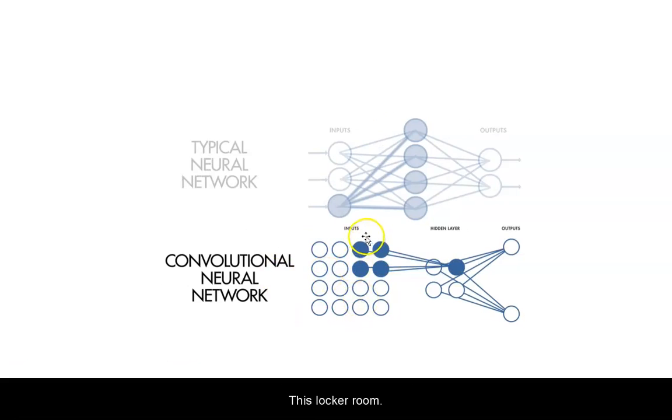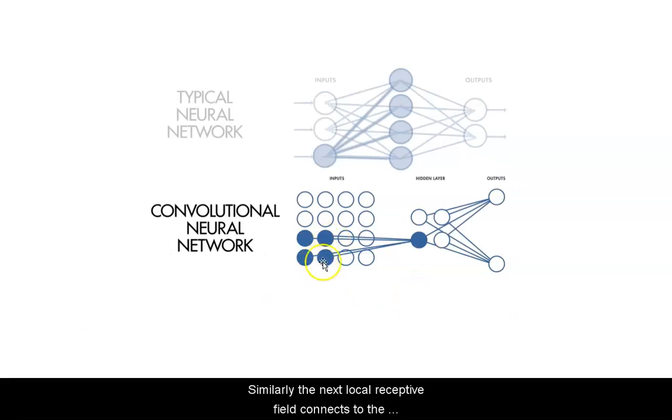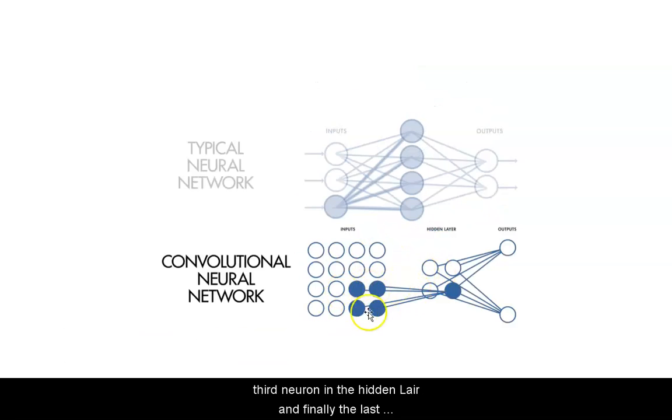Similarly, this local receptive field connects to another neuron in the hidden layer. Similarly, the next local receptive field connects to the third neuron in the hidden layer. And finally, the last local receptive field connects to one neuron in the hidden layer.